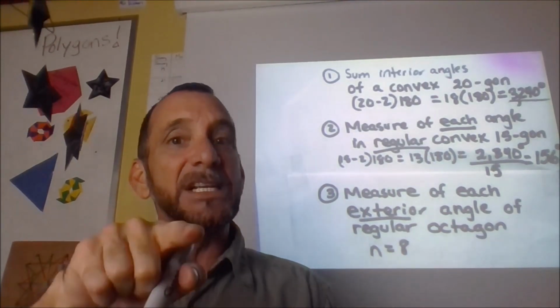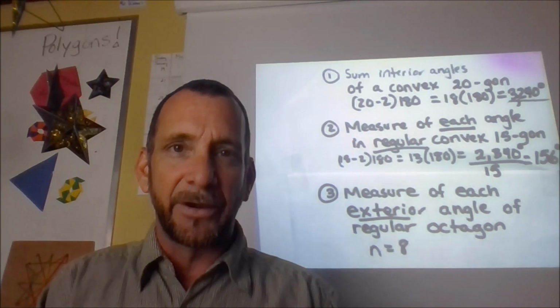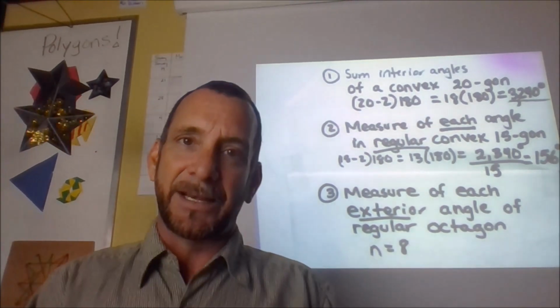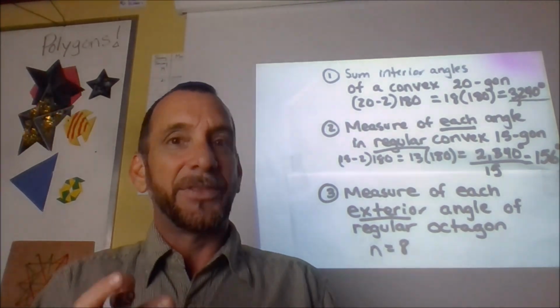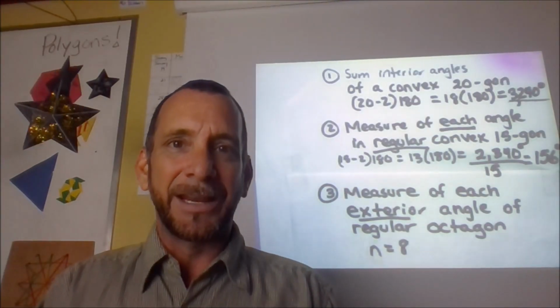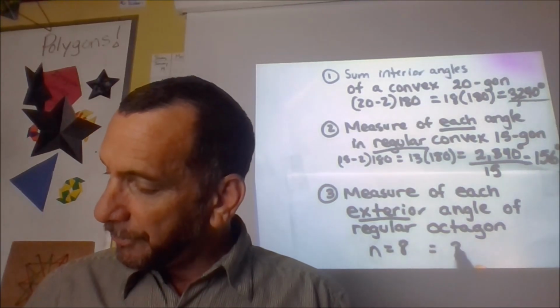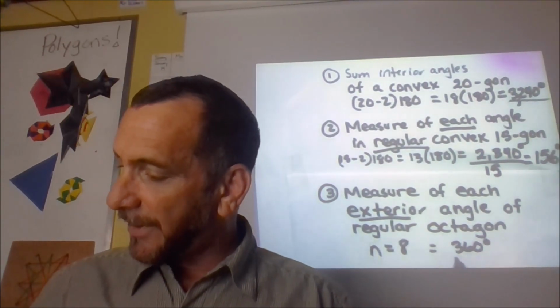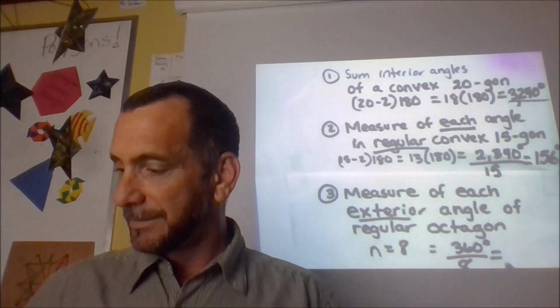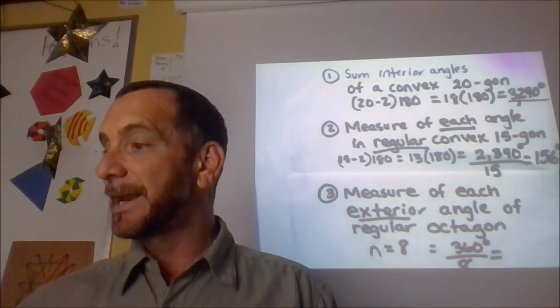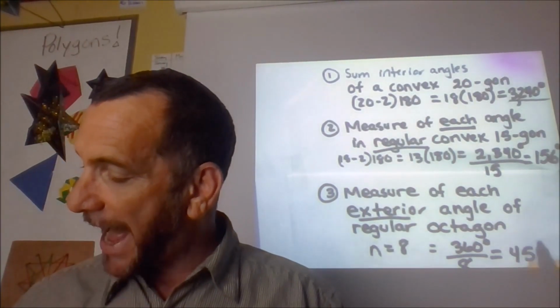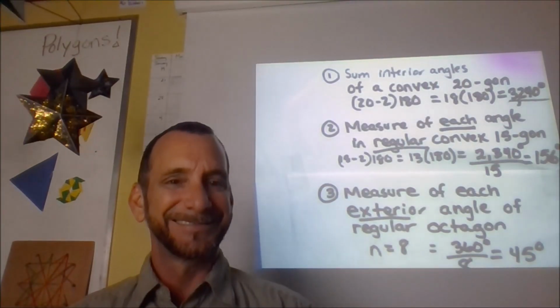But if they wanted each one of the exterior angles on an 8-sided polygon with 8 exterior angles, one at each vertex, that becomes 360 divided by 8. It's pretty easy. 360 divided by 8 is 45 degrees.